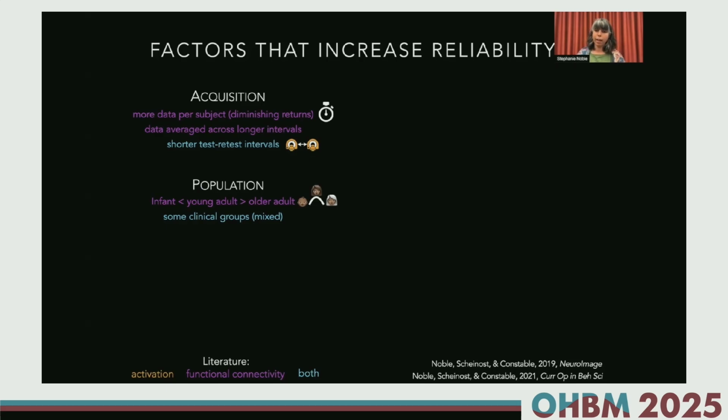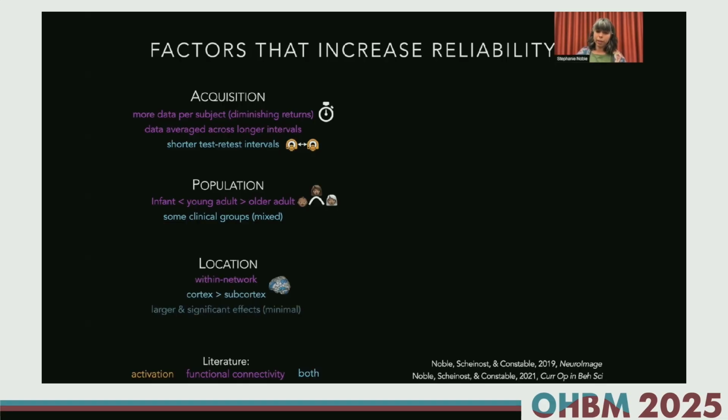There's also some mixed effects of different clinical groups. We tend to see that quite a few clinical groups show less reliability than typically developing groups. But I was also part of a cool study led by Chris Camp that showed that adolescents with depression tended to show higher reliability than typically developing adolescents. So there are some mixed results out there.